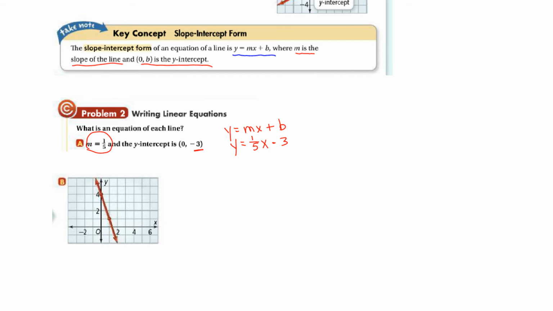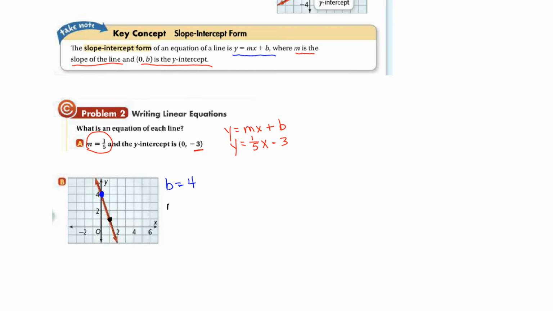If I look at example B, in order to write the equation of my line, I need to know my y-intercept and my slope. If I look here on this graph, I have a y-intercept of 4, because that is where it's crossing the y-axis. And then I have my y-intercept point and I have another point on my line right here.